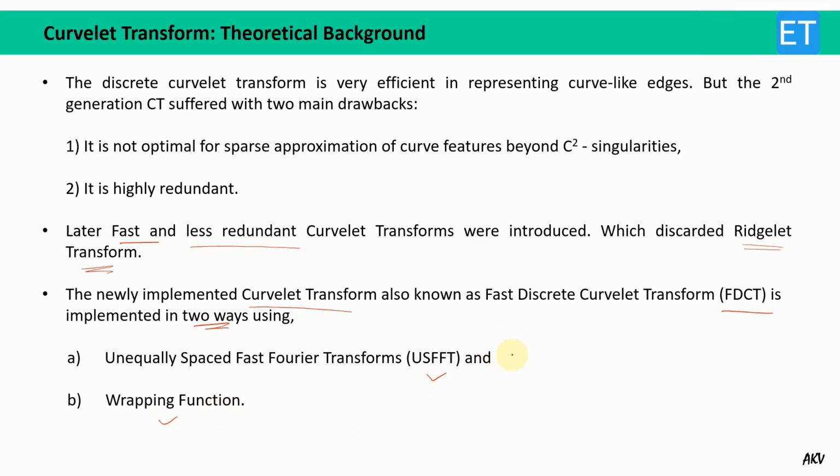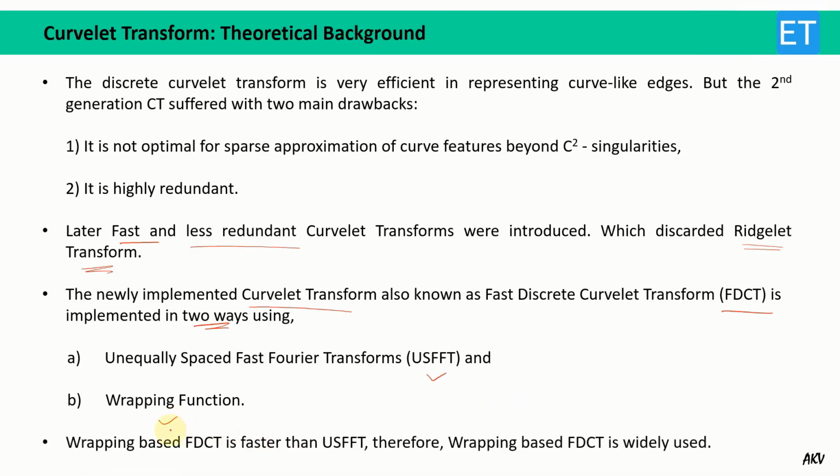It would be quite big to cover in this video. So for more details, you can go to the original research paper of Candes and Donoho that is available on the internet. This wrapping based FDCT is faster than the USFFT, therefore wrapping based FDCT is widely used.